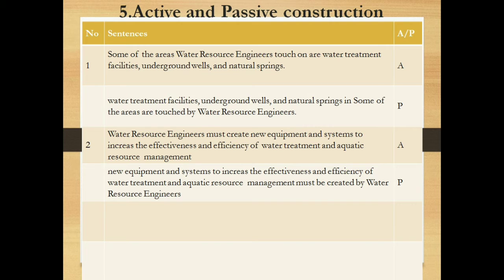Number 4. Active and passive construction. Number 1. Some of the areas water resource engineers touch on are water treatment facilities, underground wells, and natural springs. Active.